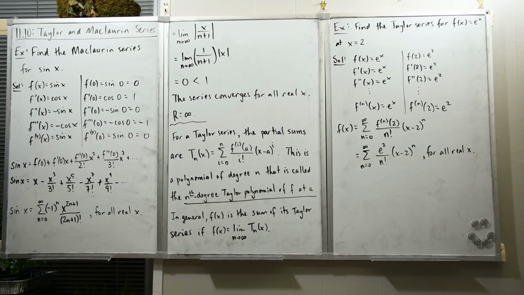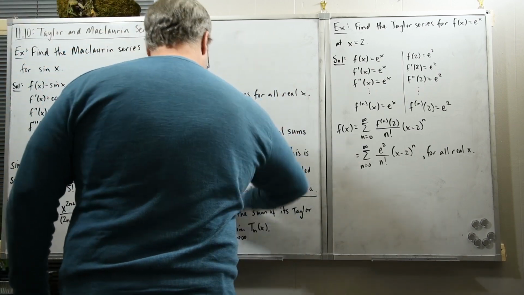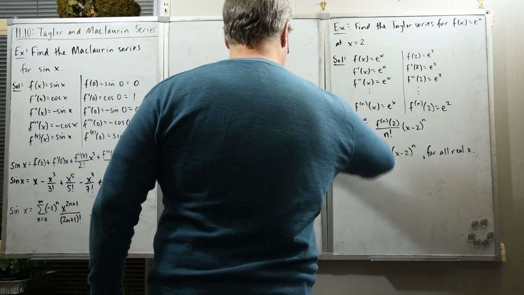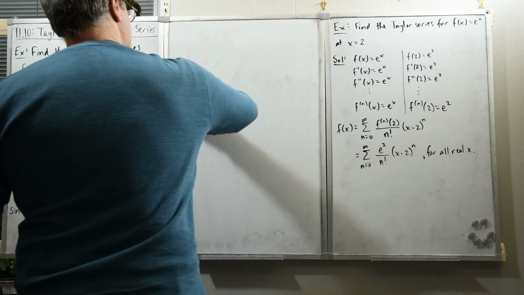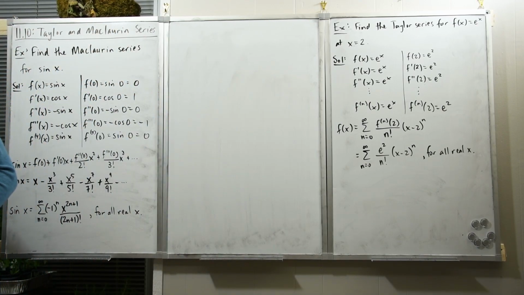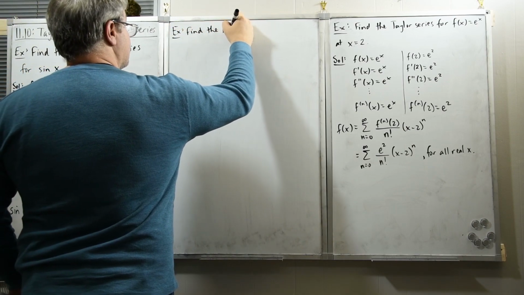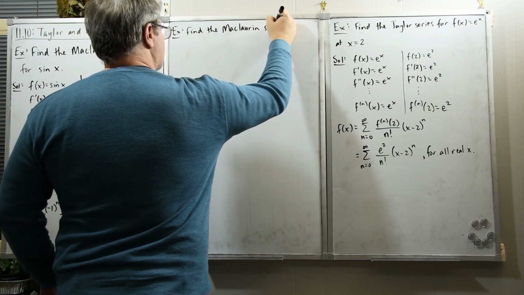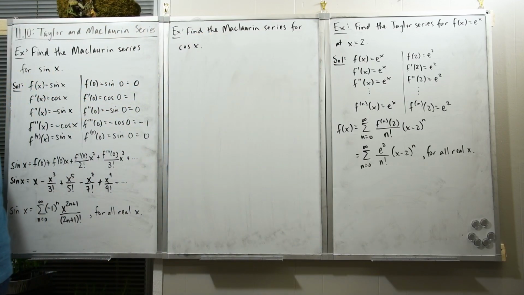But the next one I'm going to show you is going to be the Maclaurin series for cosine of x. So Maclaurin series for cosine of x is next.